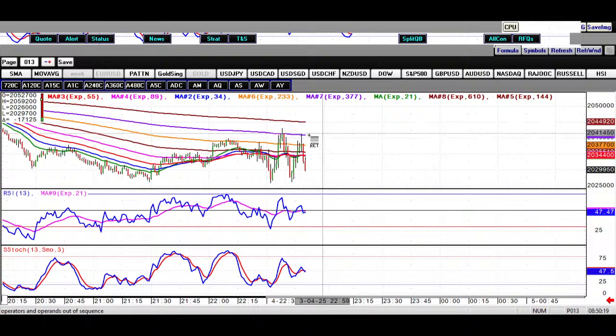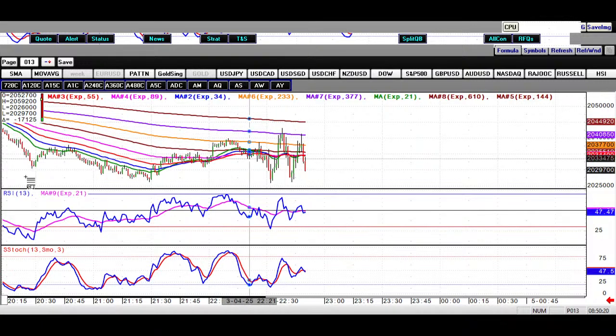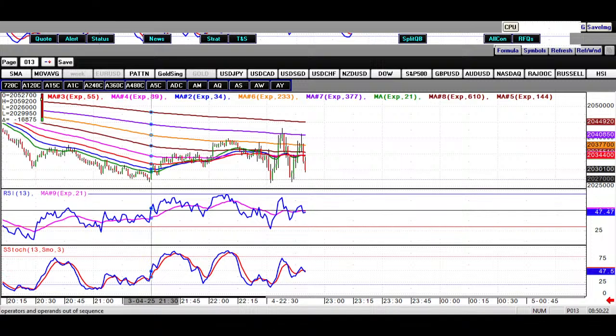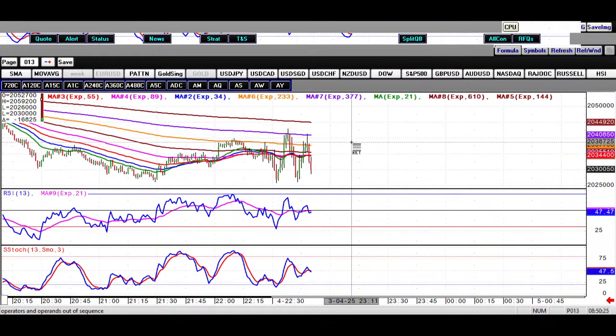Second time tested that 400, it failed, so maybe we may see the price heading one more down, then eventually can turn up. Let me see how far it can go.